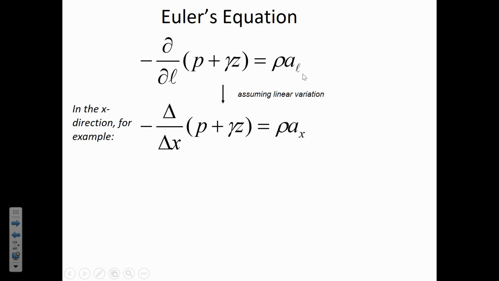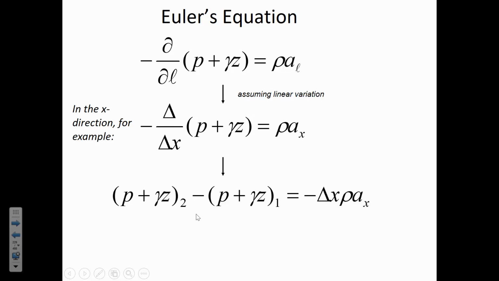And so we simplify things by assuming a linear variation in pressure and apply it between 2 points where we have a pretty important convention to honor on the direction and what we consider as point 2 and point 1 when we're applying Euler's equation.